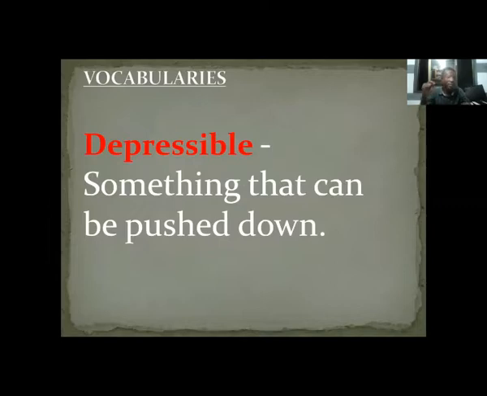If we say something is depressible, it means that very thing can be pushed down. In other words, we say press the button on the remote. It means the button on the remote can be pushed down or can be depressed. That is what we mean by depress or depressible. We'll be hearing the word depress in today's lecture.